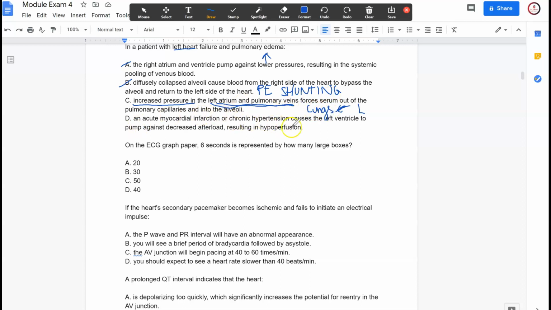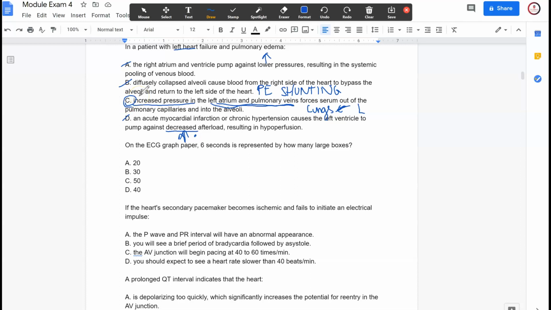An acute MI or chronic hypertension causes the left ventricle to pump against a decreased afterload, resulting in hypoperfusion. Again, we're looking for increased afterload. The pressure in the body is too much for the heart to handle. Decreased afterload would make it easier for the heart to pump. So your best answer here is C.